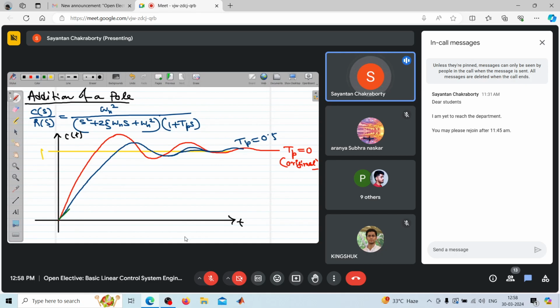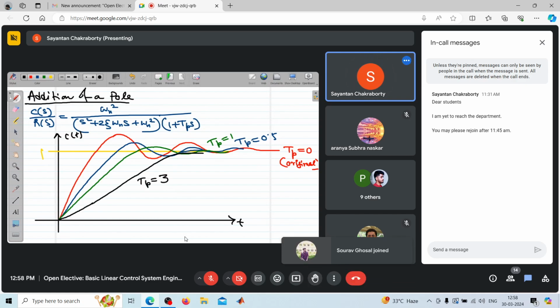Now Tp equal to 1, and say Tp equal to 3.